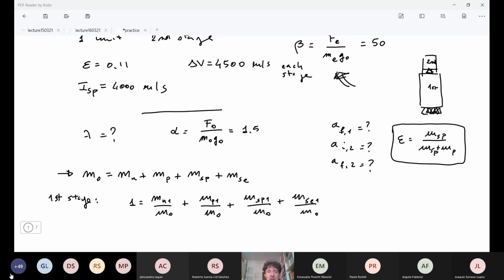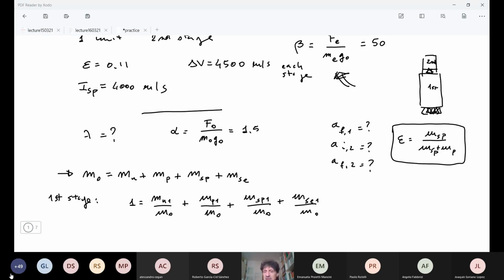Well, so if we have only epsilon, it means that we are considering that everything is proportional to the propellant. If we specify the engine mass, it means that we are not considering this mass within the epsilon, which is proportional to the propellant. So this is what we are doing here.